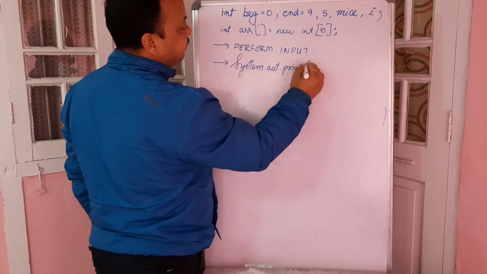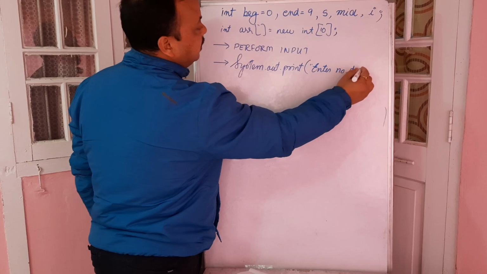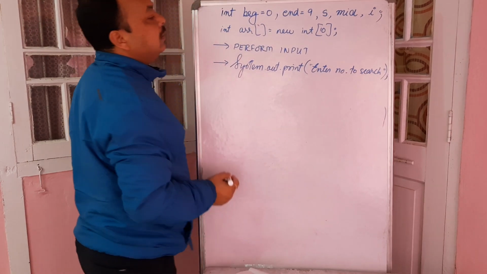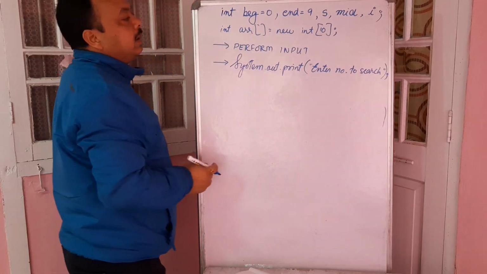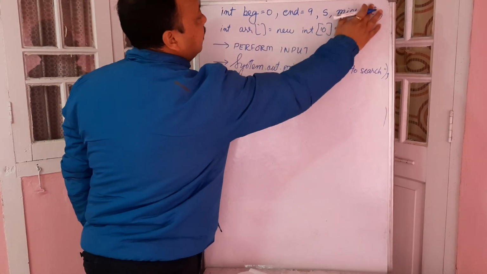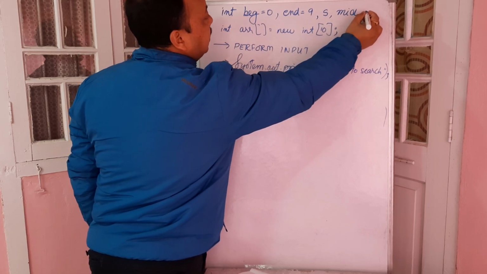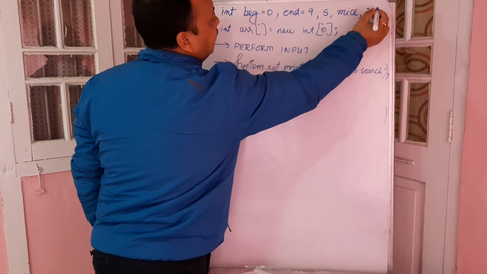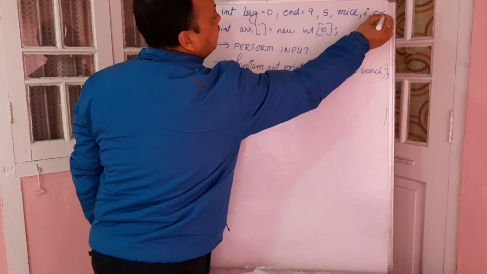Then ask system.out.print enter number to search. Remember, we need one more variable to indicate whether our search was successful. C equals 0.